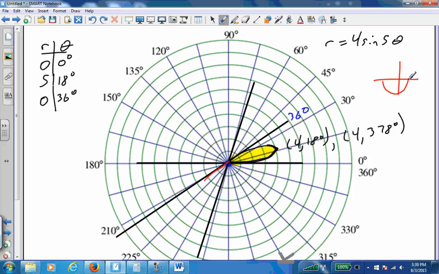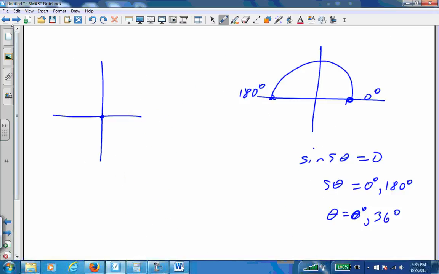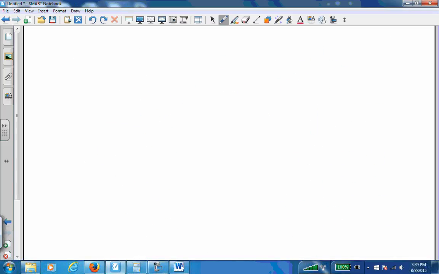So that's going to give you a negative radius. So that's going to correspond to being in between here. So if we'd have gone 0 to 72, that would have actually been 2 petals. But if it's symmetric, once we get the area of one of those petals, times it by 5, and that'll give you your total area.